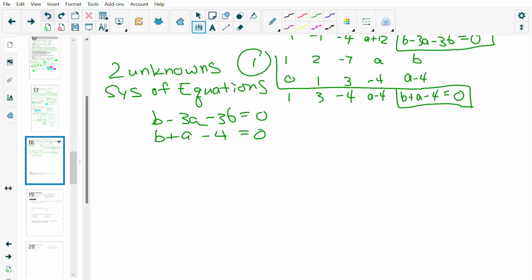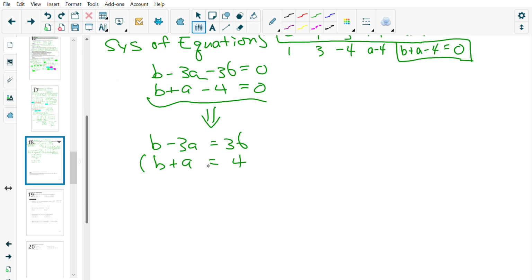Let me just clean that up. B minus 3a equals 36. B plus a equals 4. This is convenient. I'm just going to subtract. B minus b is 0. Negative 3a minus a is negative 4a. 36 minus 4 is 32. A equals negative 8.